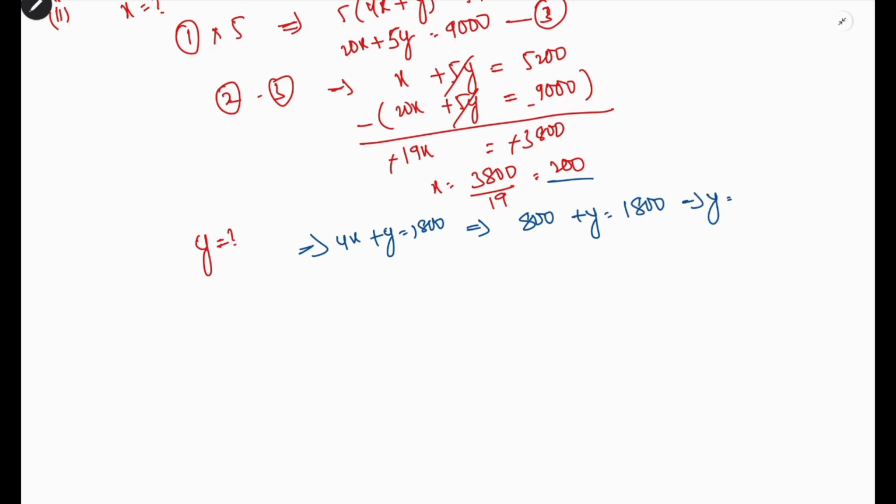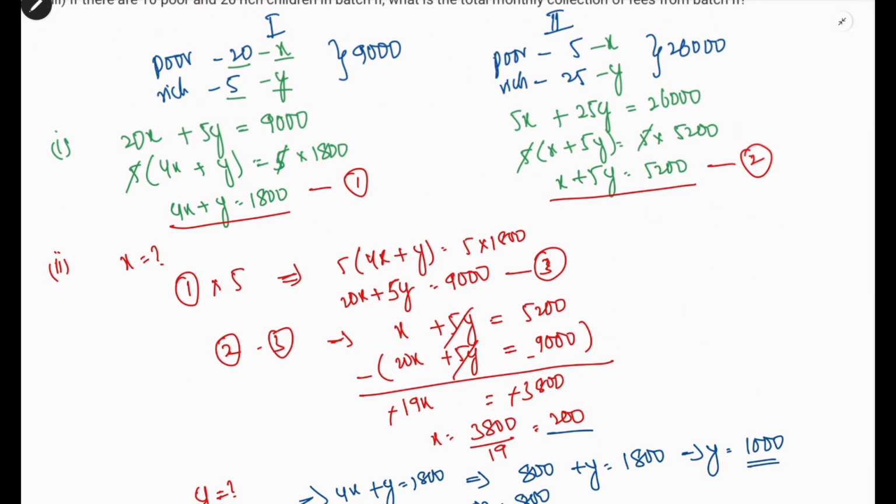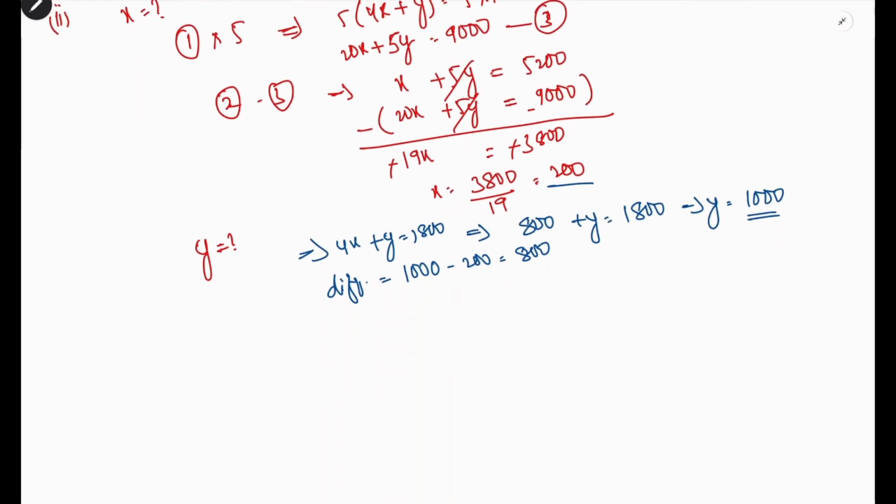We get y is equal to 1800 minus 800, which is 1000. So each rich child will pay 1000 rupees. The difference is 1000 minus 200, which is 800. And here it is the OR option.